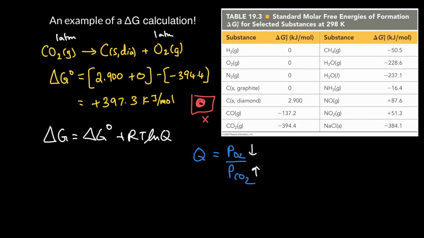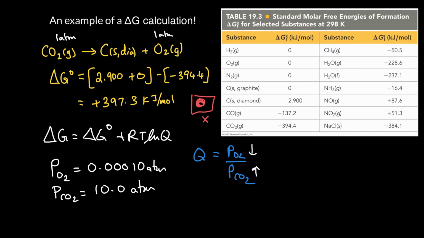Perhaps we run this as follows: we produce oxygen at very, very low pressures, and we start with carbon dioxide at very high pressures. And maybe now this process will be thermodynamically favorable.